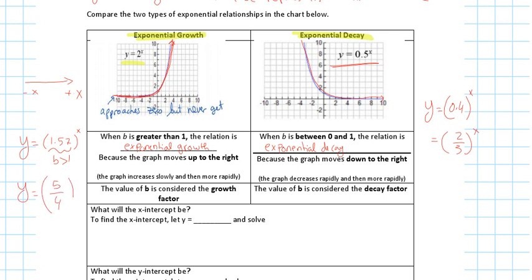But is this fraction bigger than 1 or between 0 and 1? Bigger than 1. So that's an exponential growth or exponential decay? Growth. Right? Will they ever be negative? No. Your base has to always be positive.